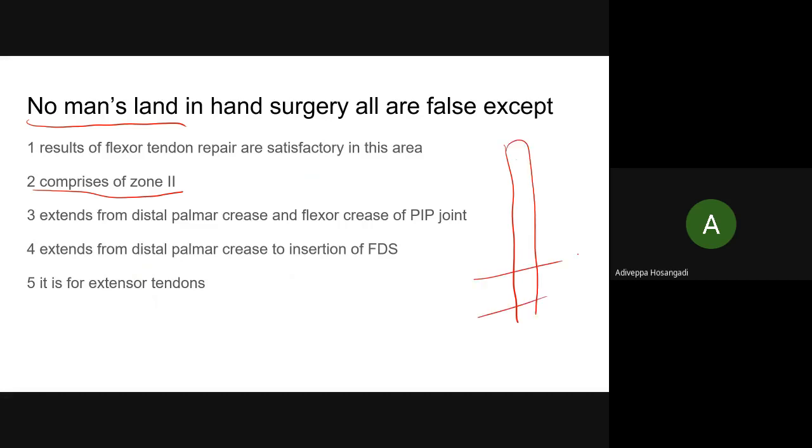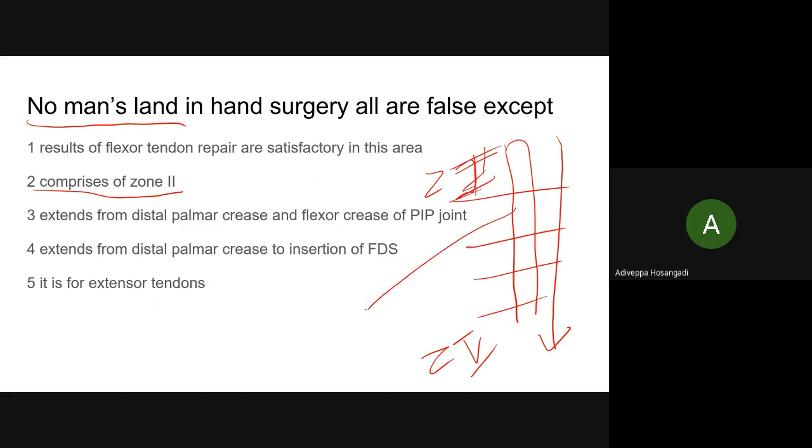Flexor tendons have different zones, from zone 1 to zone 5, from distal to proximal. I'll show you some diagram, then you will easily remember. Zone 2 is no man's land. Please remember that. I'll come to that a little later.